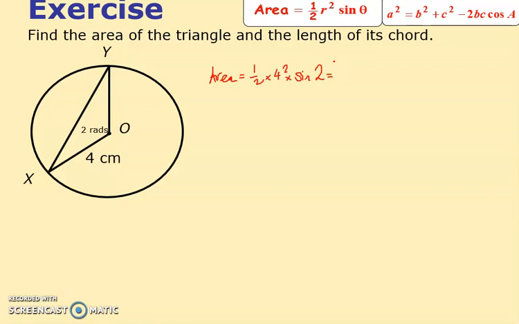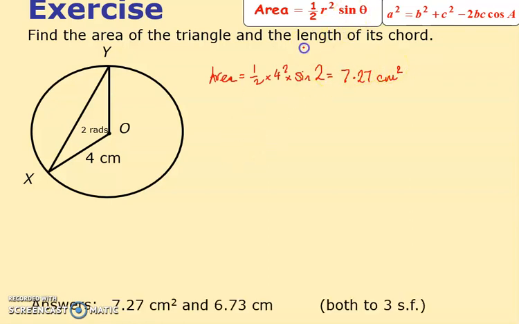Good, mine is now. If not sure, remember it's shift setup, which is next to the menu button. So it's a half times 4 squared times sine of 2. 2 radians is about 100 odd degrees. Anyway, I've got 7.27. Now this is centimetres squared. It's a relatively easy formula.